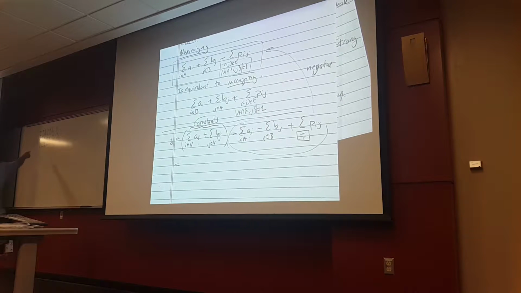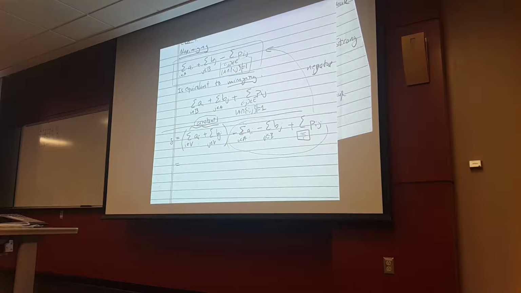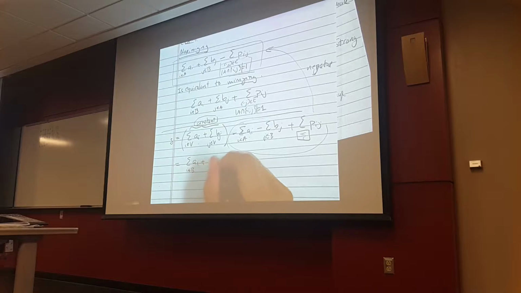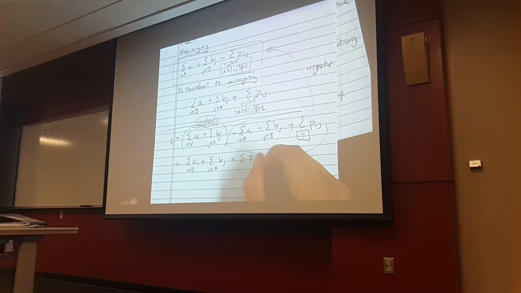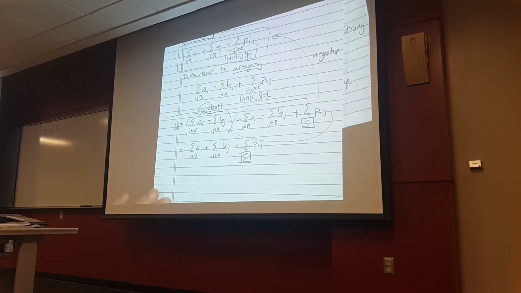Whatever's not in A is going to be in B, so I get whatever's in B. Similarly, if I subtract from all of the b's the part that's in capital B, then I get whatever is in capital A. Whatever's not in B is going to be in A. So I get exactly the sum of i in B plus the sum of j in A, plus the sum of these Pij's, the same summation as before. So it's exactly the same.